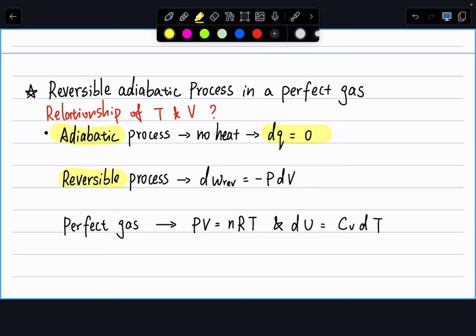Second, we have a reversible process, so we can use dW reversible equals negative PdV. And we have a perfect gas, so PV equals nRT, dU equals Cv dT, and Cv is a constant. I need to add that in.